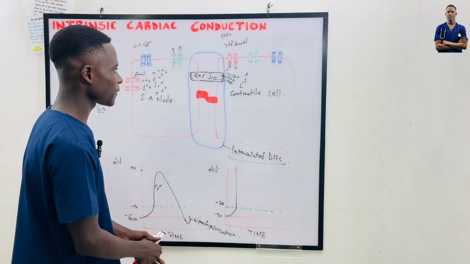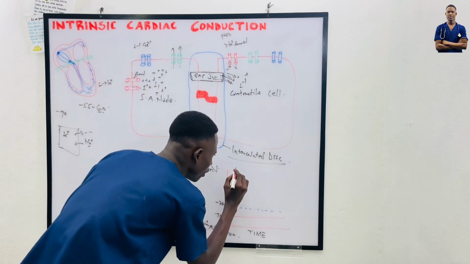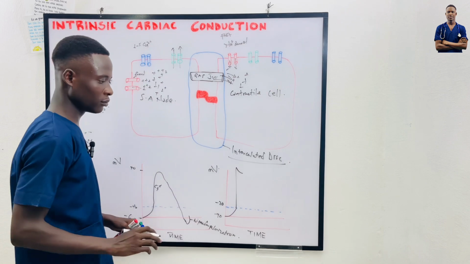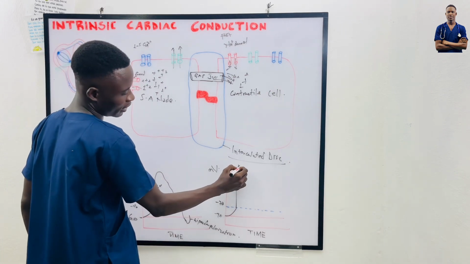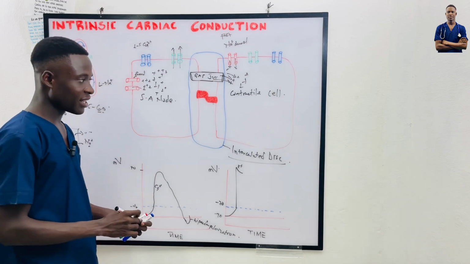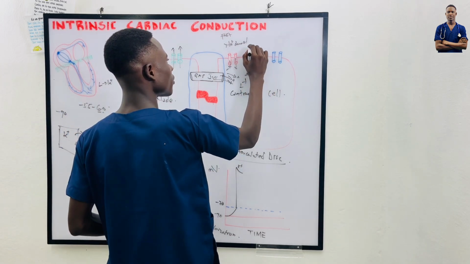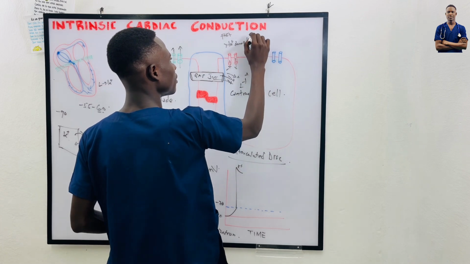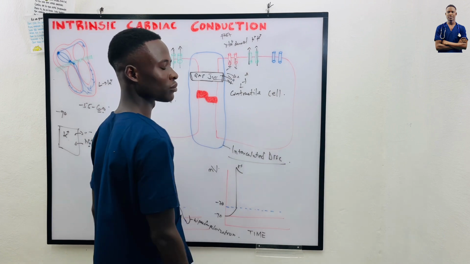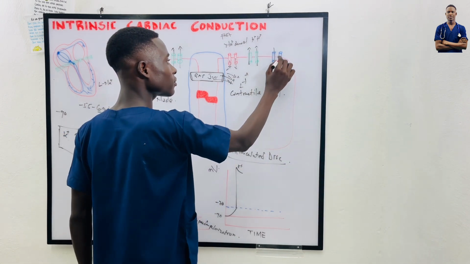So when you open the potassium channel, it opens in here. As it is bringing it back, this is our potassium channel, causing potassium to leave the cell.